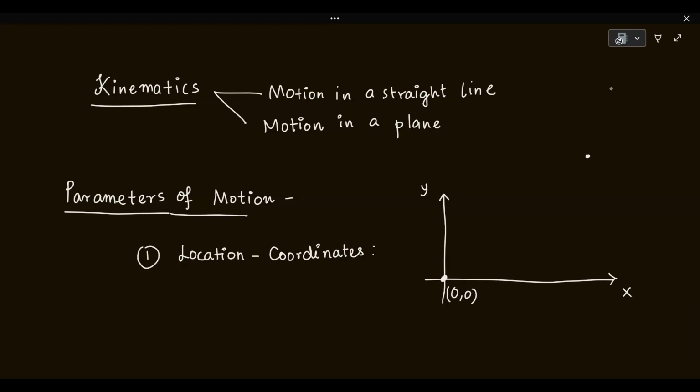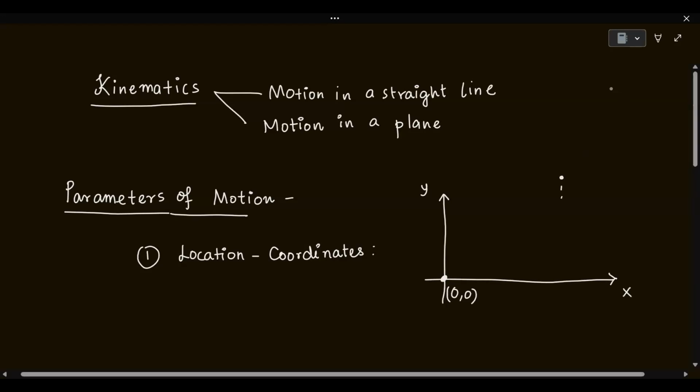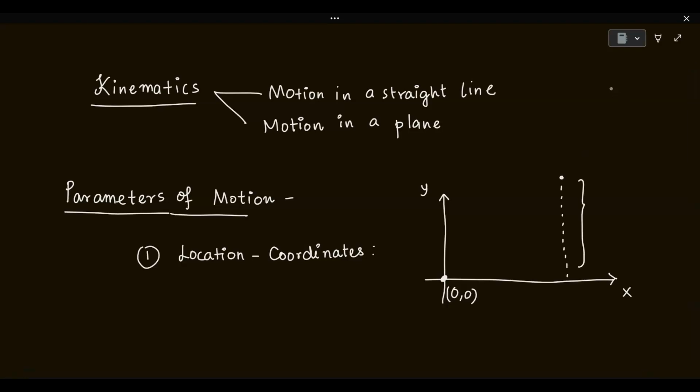So now we start measuring the location of this point. We'll say probably this distance right here is 3 meters, and this position right here is 5 meters. So how will you define the location or the coordinates of this point? 5, 3.